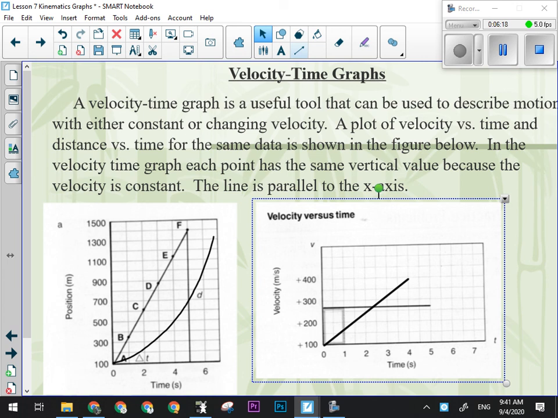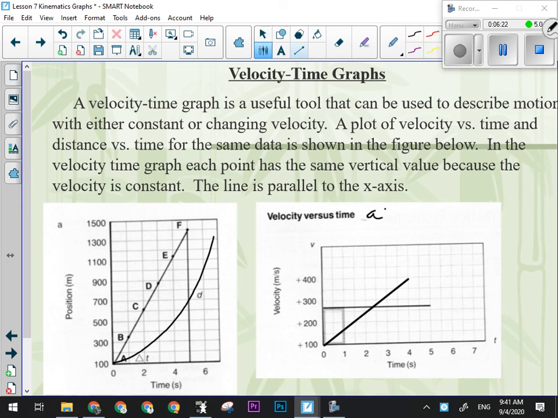Agreed? So back in Science 10, you learned this formula here. Acceleration is change in velocity divided by time. It's the slope formula, or the graphing equation, manipulated for m.